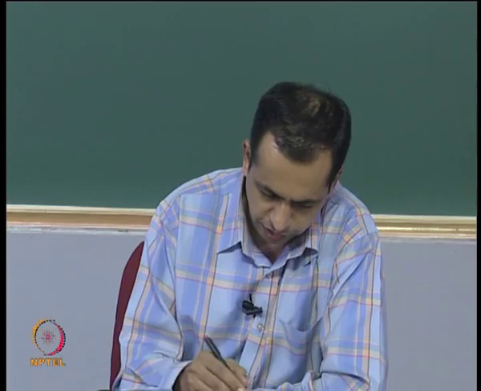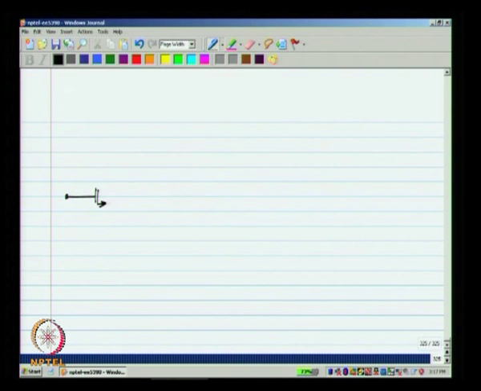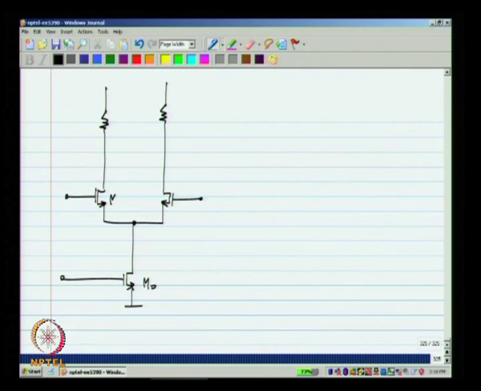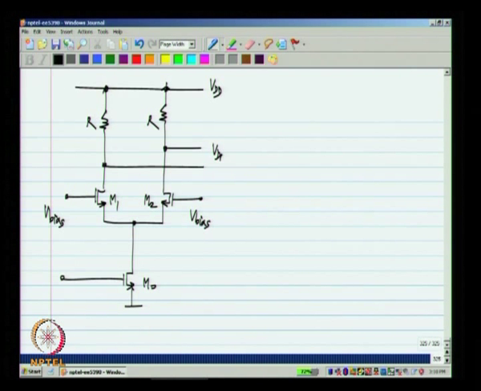Now, another way to think of the common mode feedback circuit is as follows. First of all, when we had only a differential pair with resistive load, the output common mode voltage gets set to VDD minus I naught R by 2, where this is the current I naught.